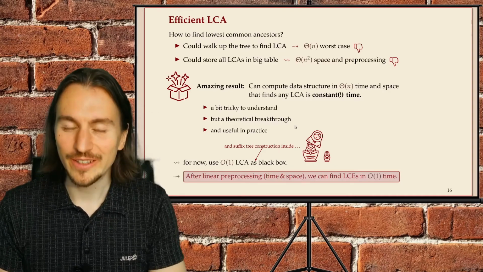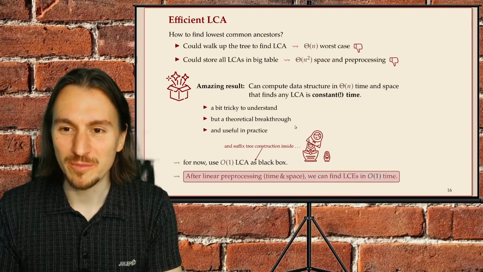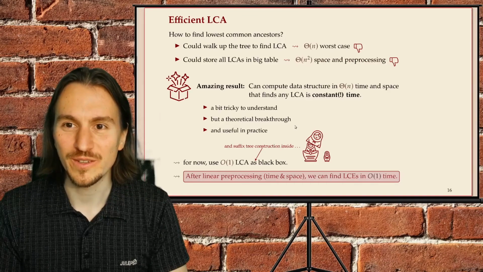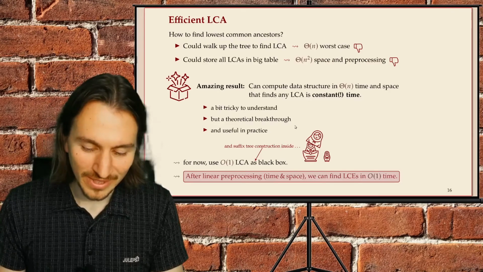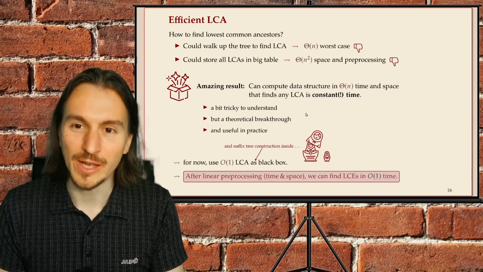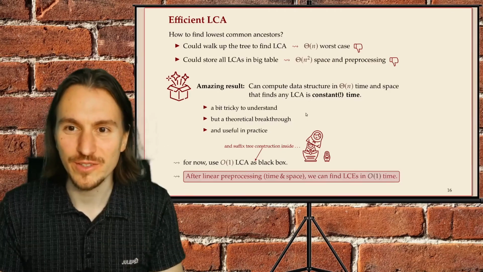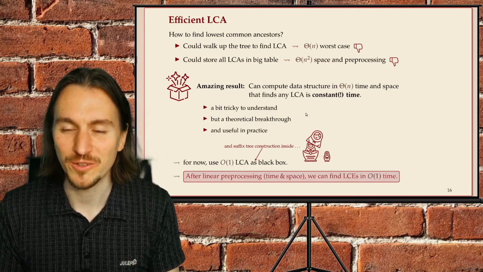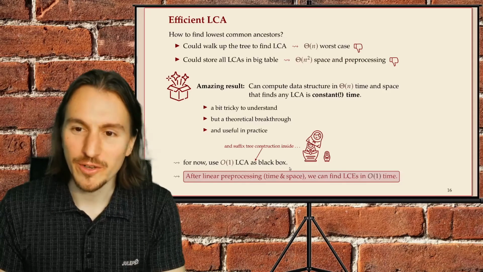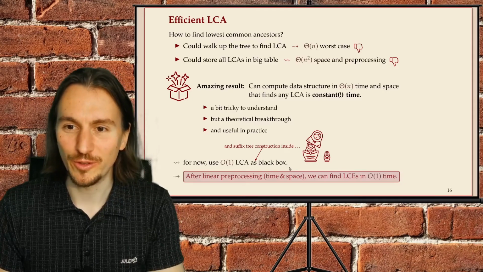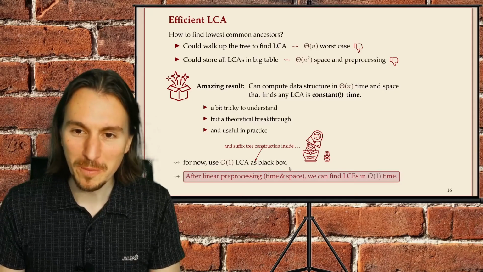Again, clearly a theoretical breakthrough, but also useful in practice because there are implementations that do this very efficiently. And so this has again been, together with suffix trees, these two things are game changers in stringology. For now, we'll treat the construction of this data structure for lowest common ancestors as a black box.